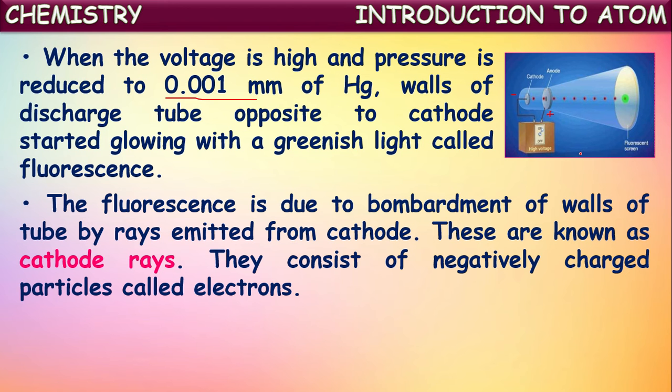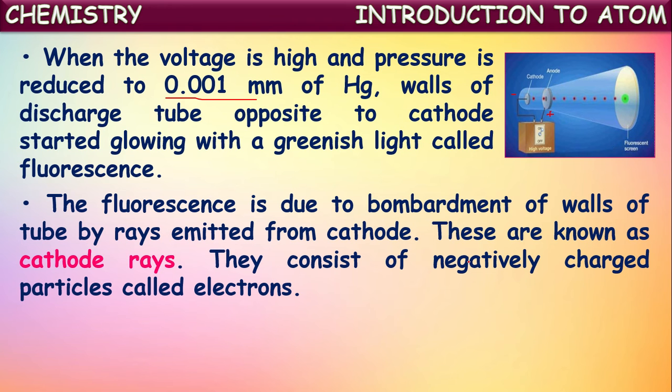After reaching very low pressure, that is nearly 0.001 mm of Hg, by passing voltage, the passage of electricity was observed and a greenish glow passed from the cathode side to the anode side, and a fluorescent glow was observed on the screen at the backside of the anode. So he called the rays which passed from the cathode side cathode rays.